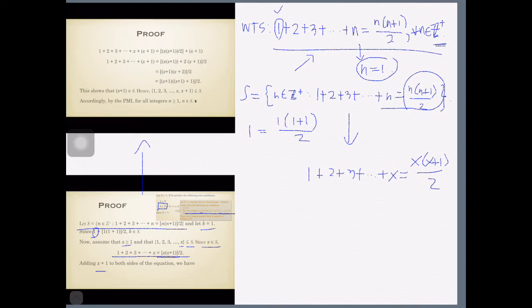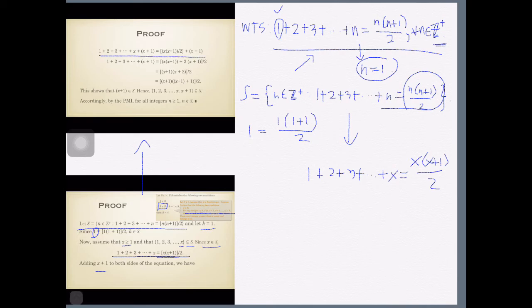That's the reason why we discussed beforehand that in proving with respect to a set of integers, we can have either PMI or WOP. It just depends on your preference, and of course on the sensitivity of the problem that we got. So here, adding x plus 1 to both sides, we'll have this statement here.